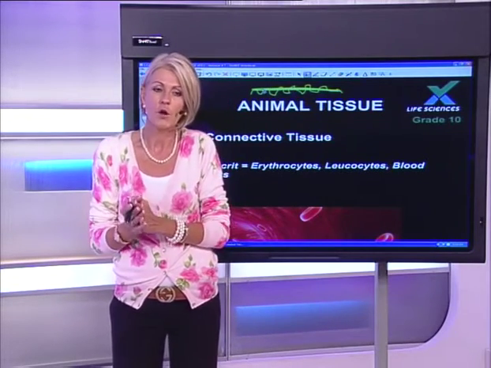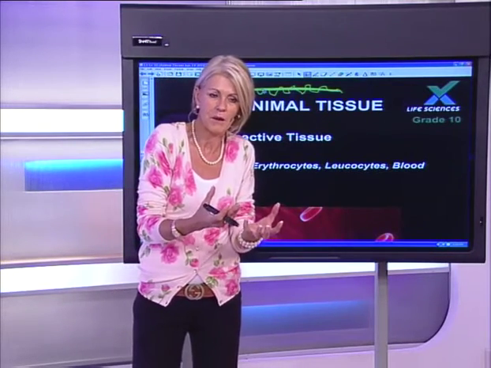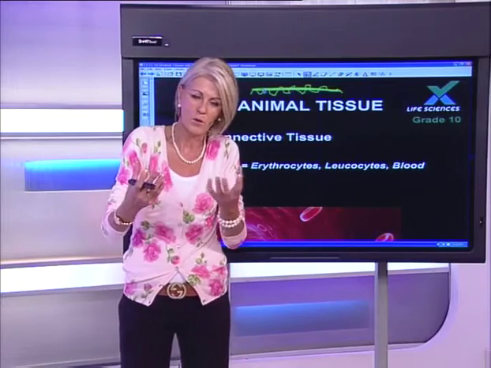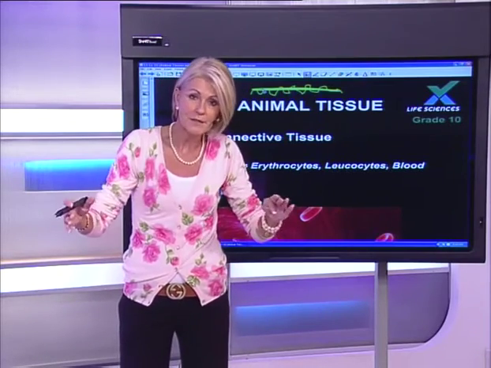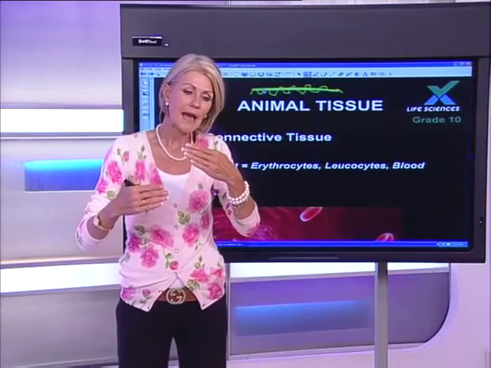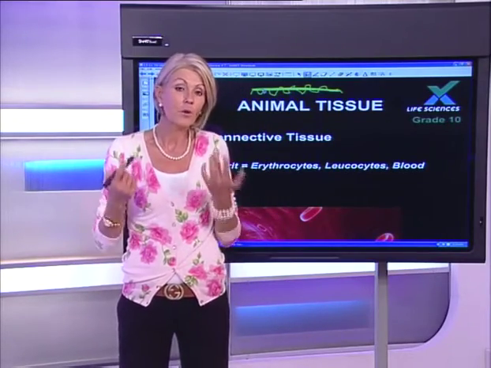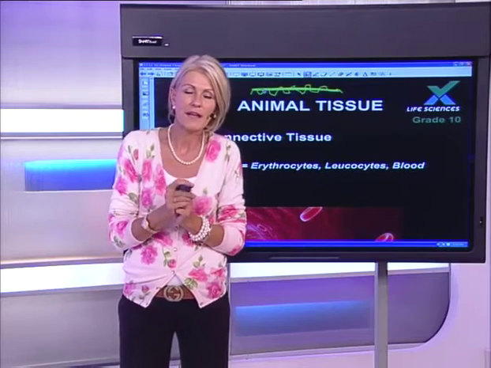It's only really blood, which I know a lot of learners tend to battle with, because they say, hold on, how does blood become called tissue, and how does it fall into the category of connective tissue? That's why I said to you, think of blood as connecting all the parts of the body together. But if you also think about it, what does blood have in it?